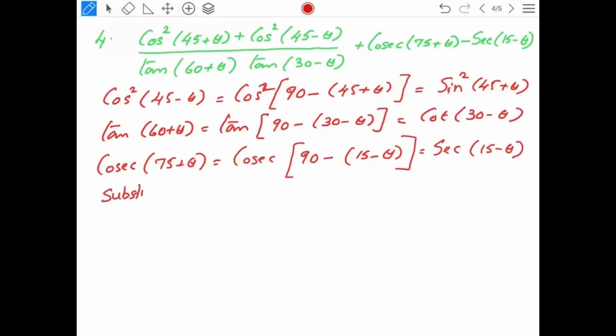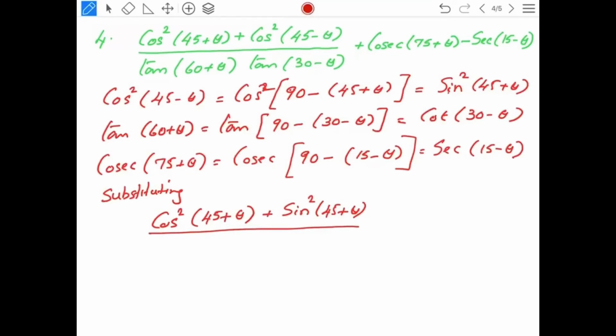So substituting, it is cos squared 45 plus theta plus cos squared 45 minus theta, which we have converted into sin squared 45 plus theta, divided by the denominator: tan 60 plus theta can be written as cot 30 minus theta into tan 30 minus theta, plus cosecant 75 plus theta can be written as secant 15 minus theta, minus secant 15 minus theta.